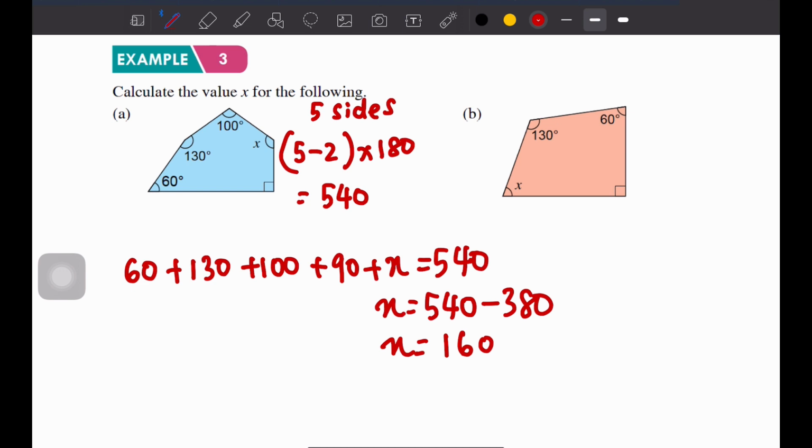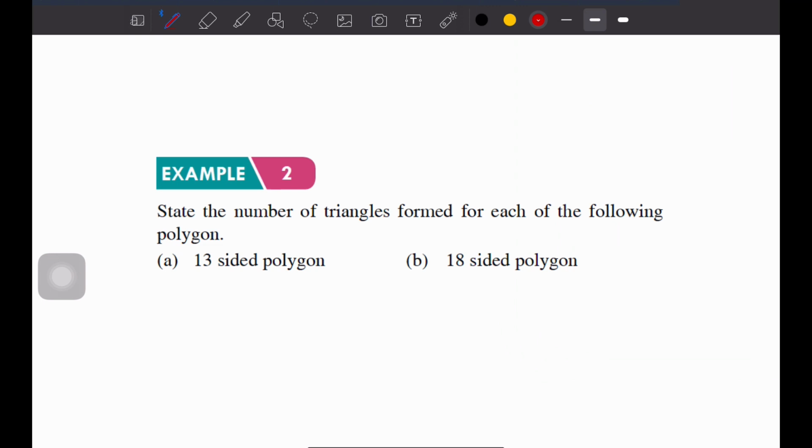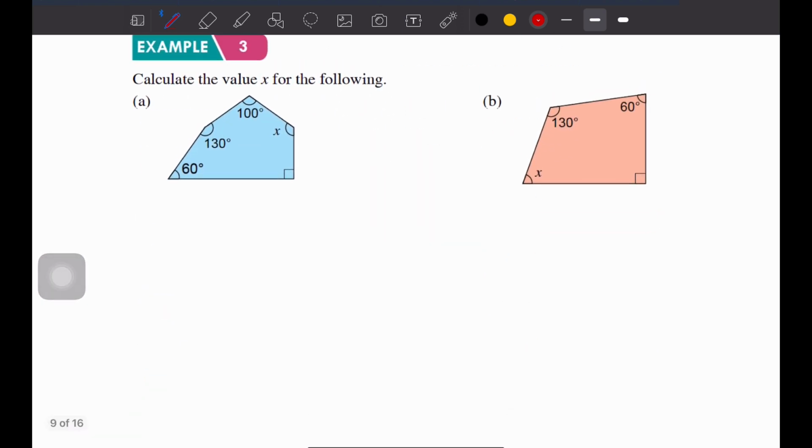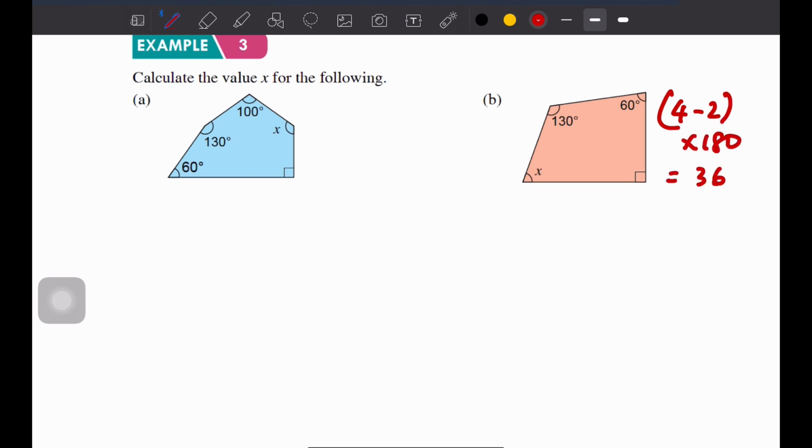Okay, so let's look at B. Okay, so this is 1, 2, 3, 4, 4 sides. So we know that this is a square. So 4 minus 2 times 180, you will get 360.